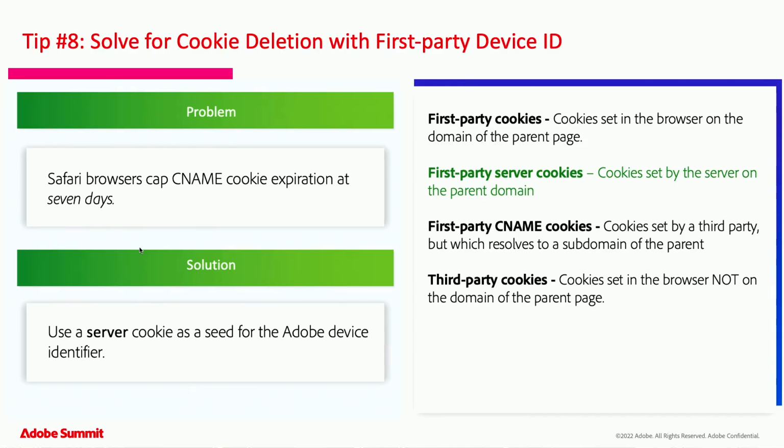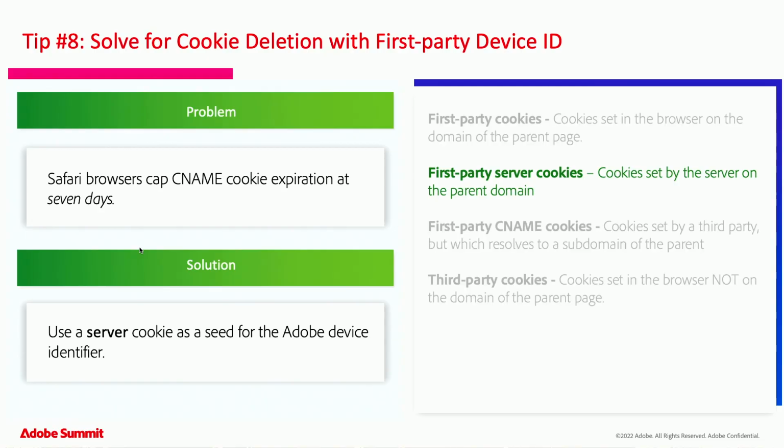And the only thing that the Safari browsers will respect for longer than 7 days at this point is a cookie set by your website server, not by a CNAME. And so they will leave that alone. That means that the Adobe solutions can't deploy a cookie on your pages that will live for longer than 7 days. So this is where first-party device ID comes in.